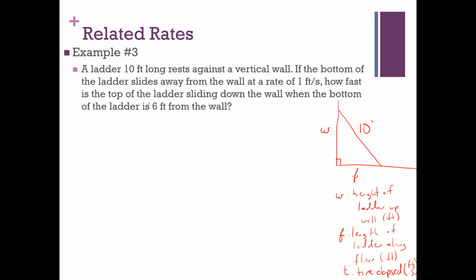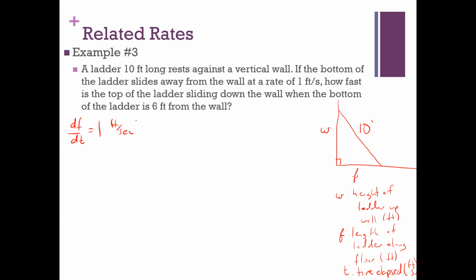Okay, what do you want to call that rate? What does dF/dt equal? Do you agree with that? Okay. So it says the bottom of the ladder slides away from the wall at a rate of 1 foot per second. We assume that's constant. So we have dF/dt equals 1 foot per second.